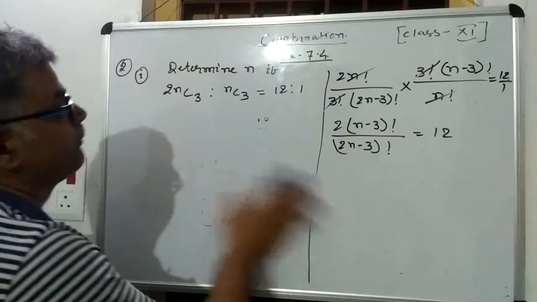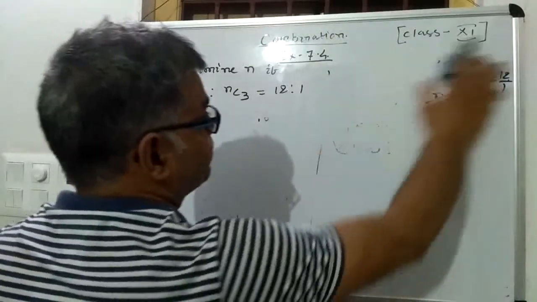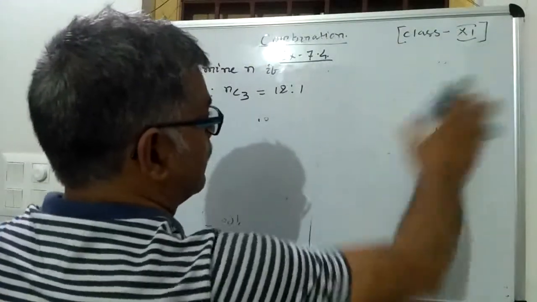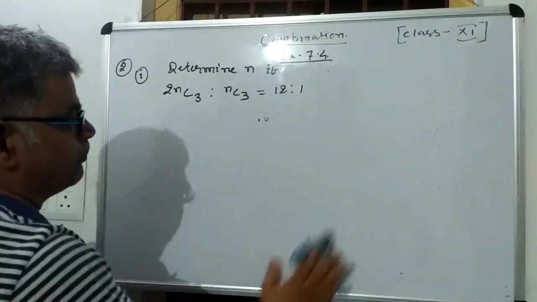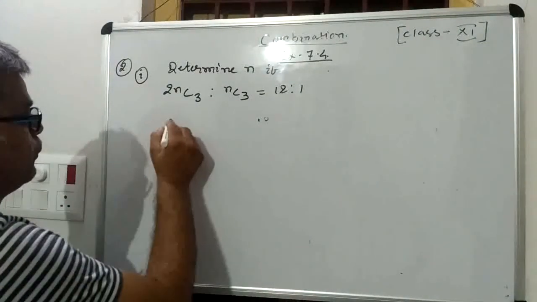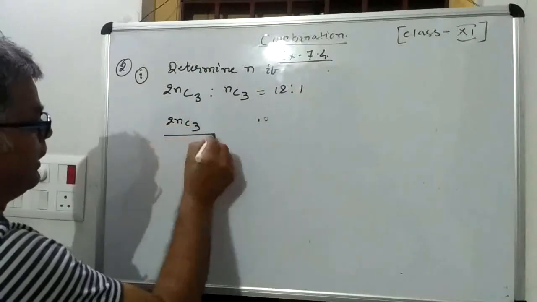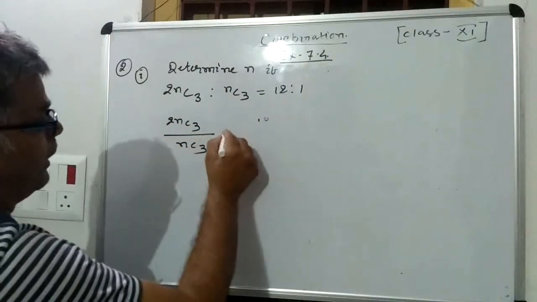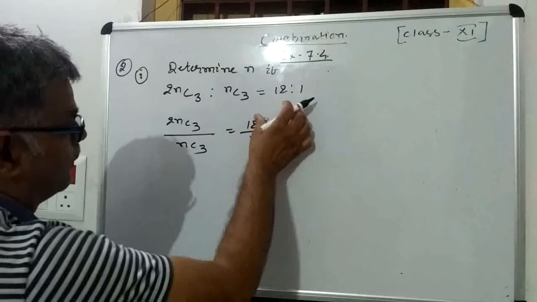Let's see this way. Without applying the formula of combination, you can write it in this way also. 2nC3 by nC3 equals 12 by 1.